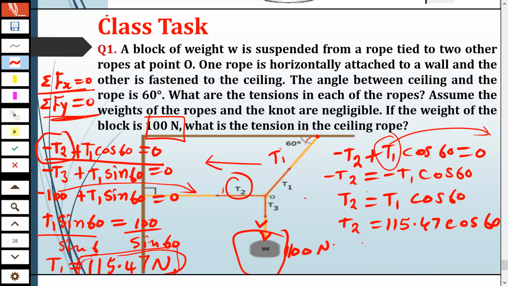So the tension T2 is 230.94 newtons. So this is exactly how you're supposed to solve this question. It's very simple and you don't need to even stress to do it.